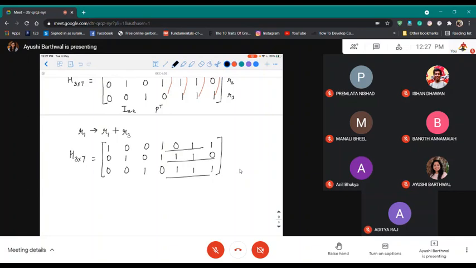Over there, if you get any received vector, you calculate its syndrome by multiplying it with H transpose. If you get a 0 vector, 0 syndrome, that means there is no error. And if you do not get a 0 vector, that means there is an error.